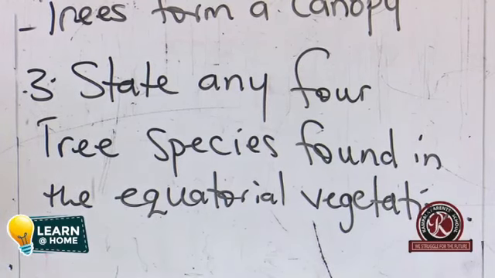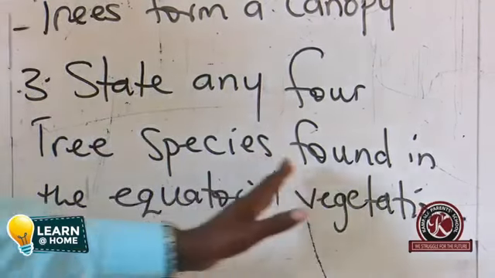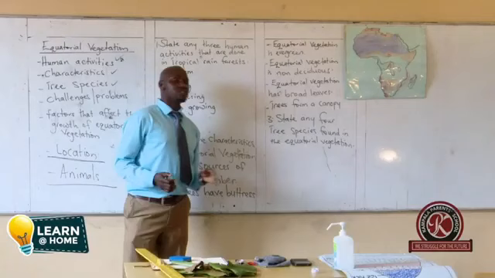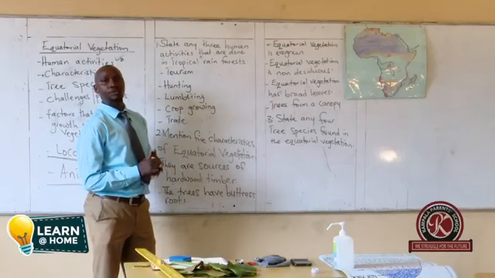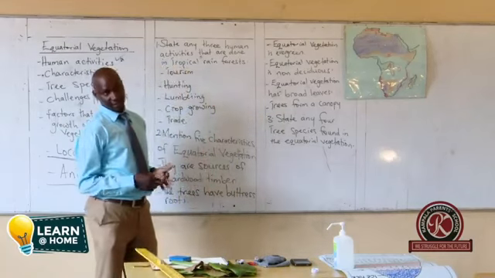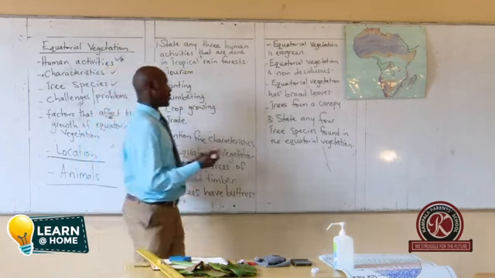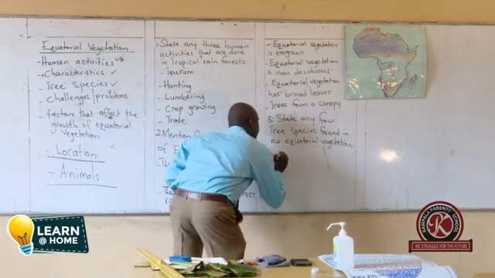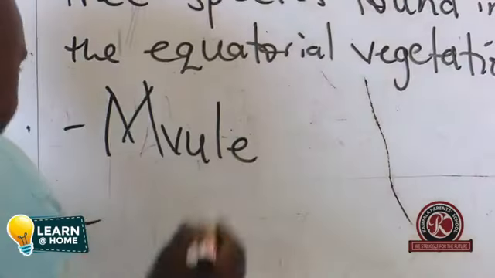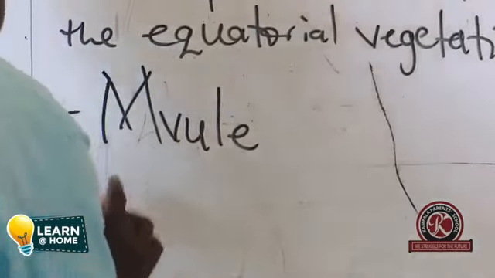Now having said this, here about the species, we are going to look at those tree species that are sources of hardwood timber, and we looked at this. These trees found in the natural forest, we already looked at in the beginning. We don't want to waste time on this. We have one, muvule. We listed them down already.